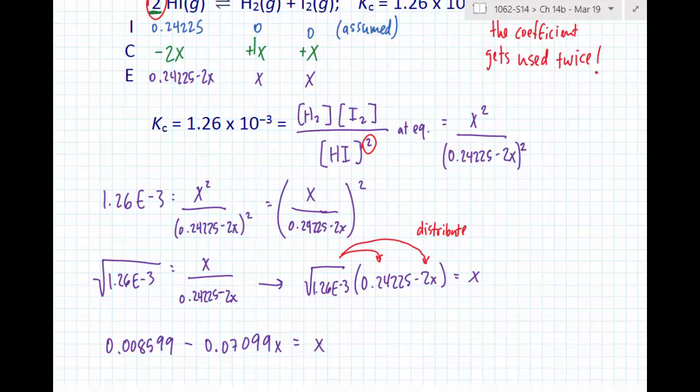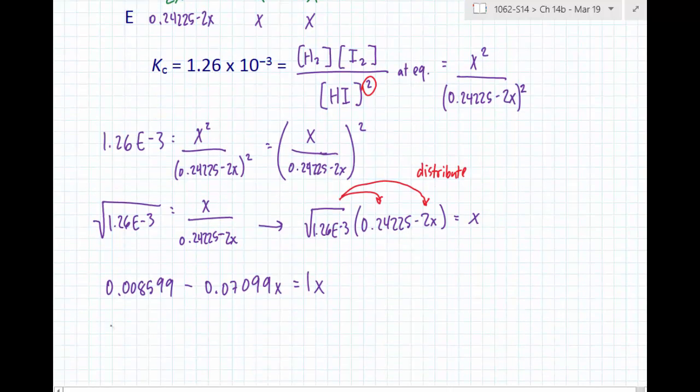How do you add that to x? Yes, you add it to 1, because that's the coefficient of a lone variable, right? So you don't need a calculator for that. 0.008599 equals 1 point.